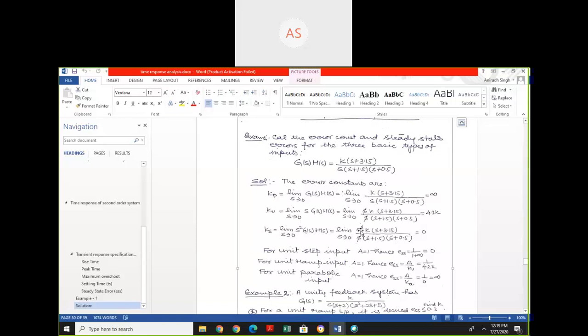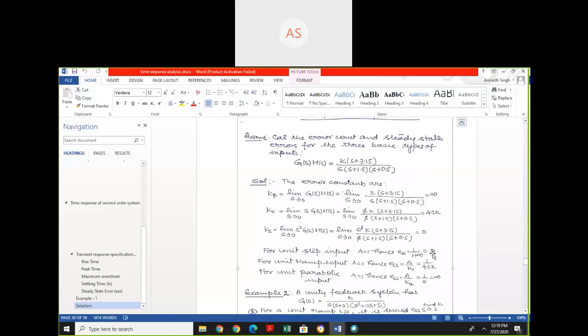Here s square is cancelled by this s, and when we substitute s as 0, the value of Ka is 0. So for unit step function, steady state error is given by 1 by 1 plus Kp, and the value of Kp is infinite. So the steady state error for step input is 0.